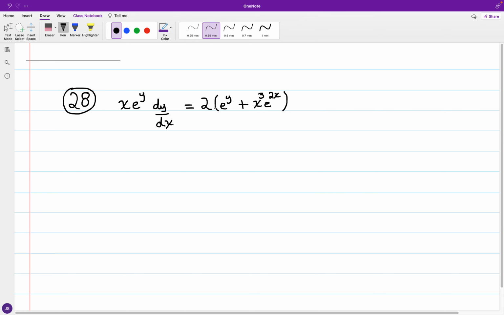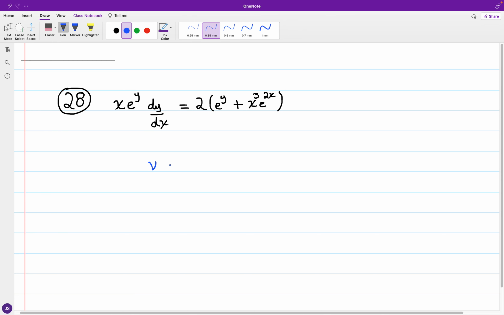So y is appearing only in the combinations of e to the y, and the derivative of e to the y will go to itself. We have a pattern that we can create upon the use of v substitution.